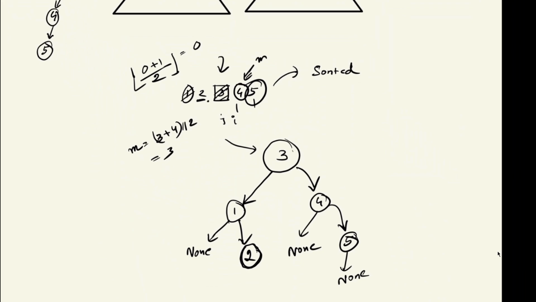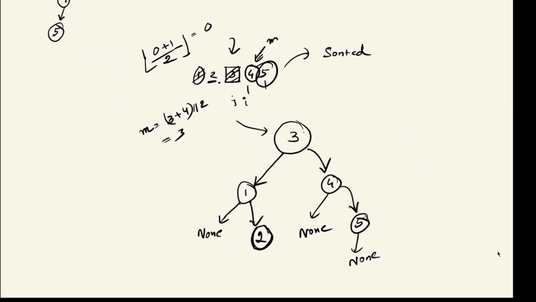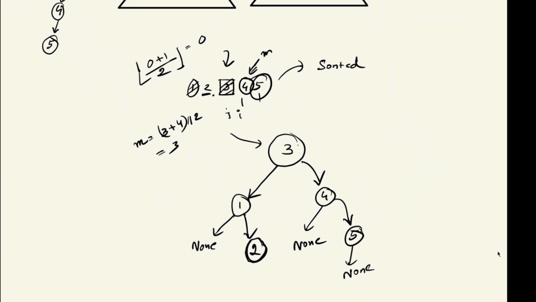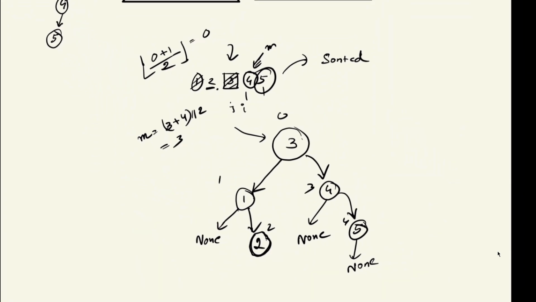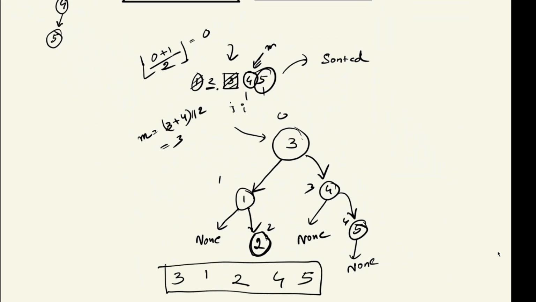And this is how we construct the tree. And if we make it an ordering, we can say this is 0, this is 1, 2, 3, and 4. So our answer should look like 3, 1, 2, 4, and 5. Okay, so that's it. Thank you.